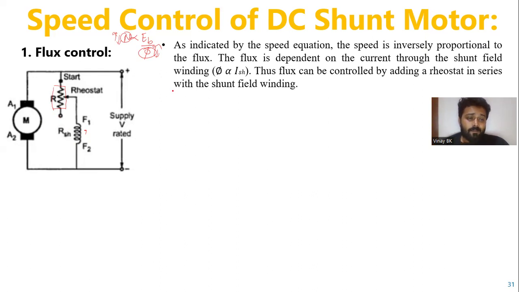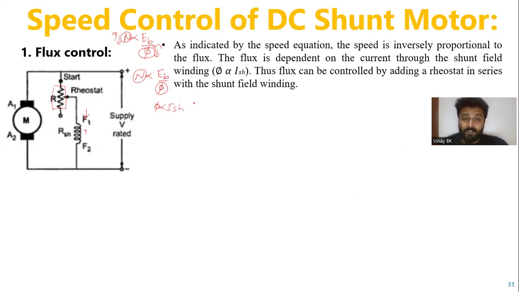As indicated by the speed equation, N is directly proportional to EB and inversely proportional to flux. The flux depends on the current flowing through the shunt field winding, so flux is directly proportional to ISH.